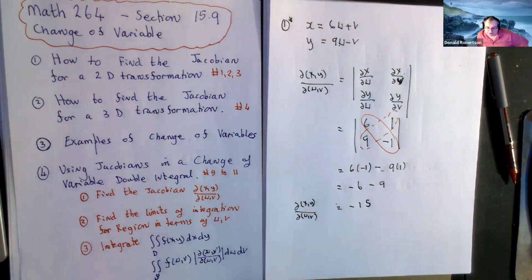Jacobians typically can be anything except 0. If you get a Jacobian and the answer is 0, then it's no use to you because it won't help you do any change in variable integral. Basically, it just means that the transformation isn't independent, that the first one is somehow connected to the second, which means you don't have two variables at all, you only have one.